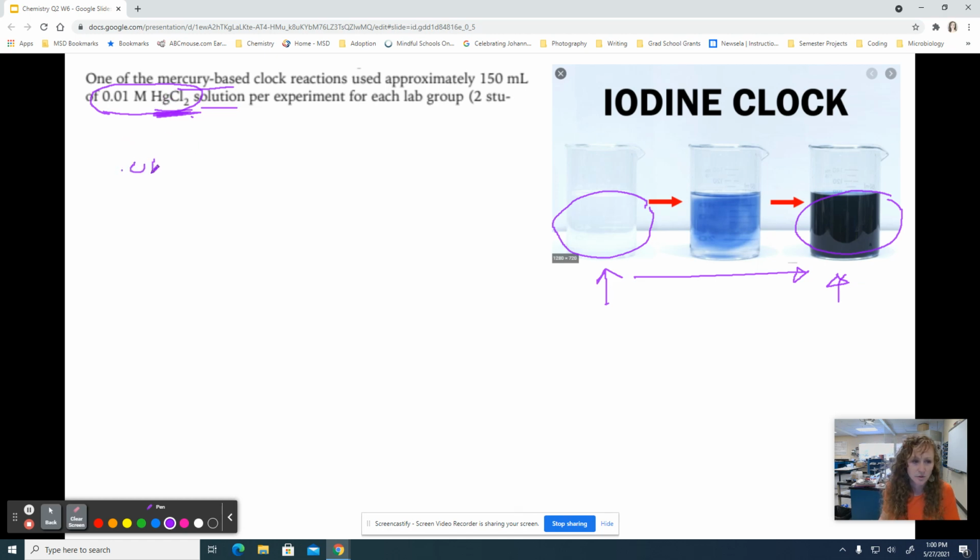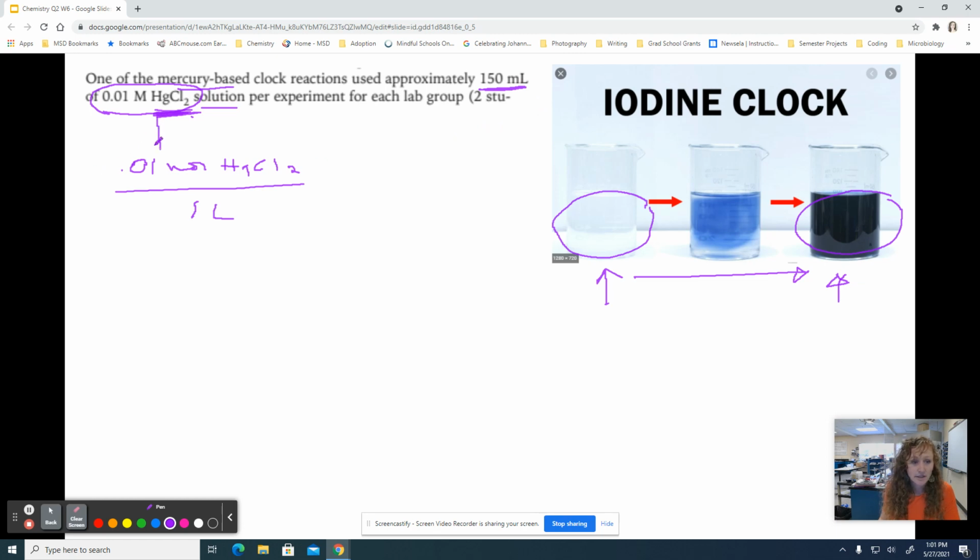So that's 0.01 moles of mercury chloride, mercury 2 chloride, over 1 liter of solution total. And in order to do this experiment with mercury chloride, we would use about 150 milliliters.